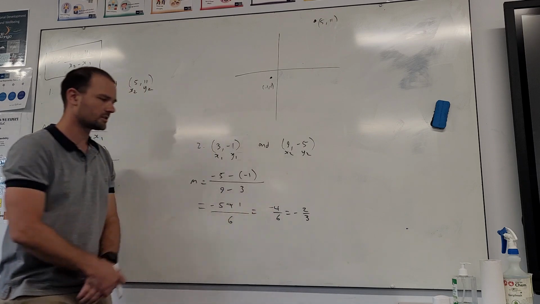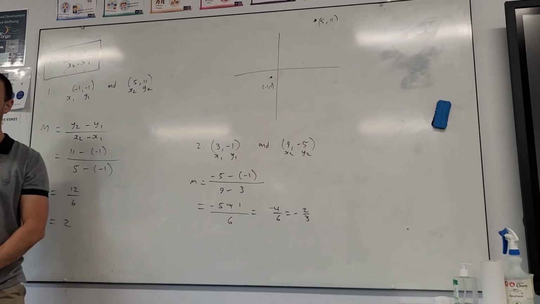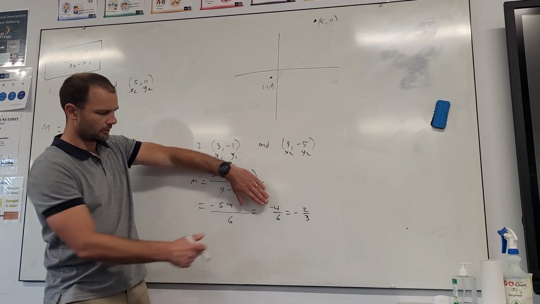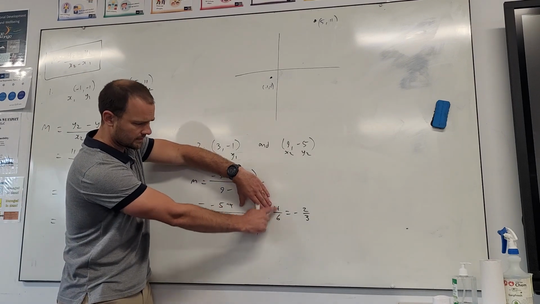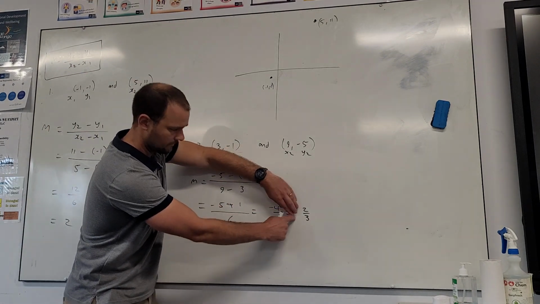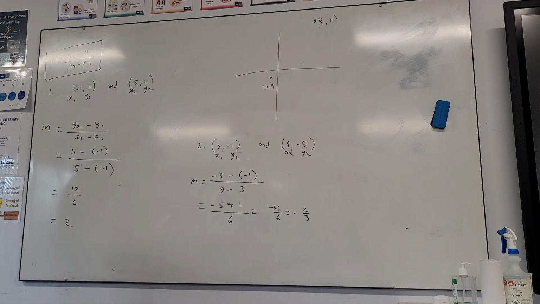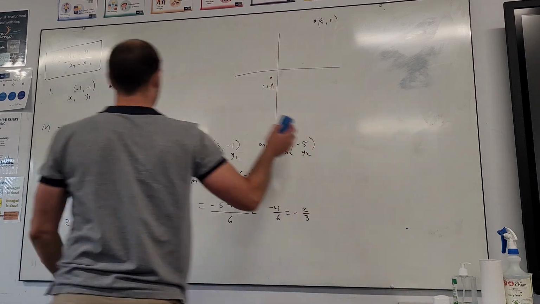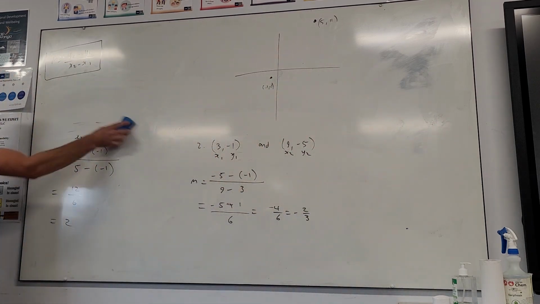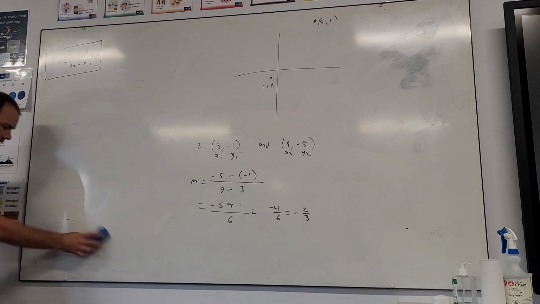Here it belongs to the negative 4. Only one of them is negative, so the value is 4 on 6, and so we have negative 2 on 3. That's what it simplifies to. So there is one more challenge question, so I think we'll go through that, just because hopefully we found that pretty okay.